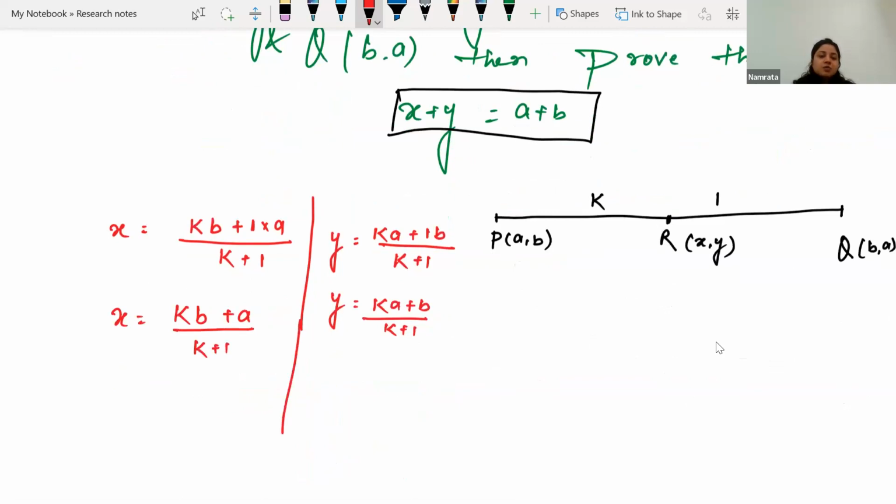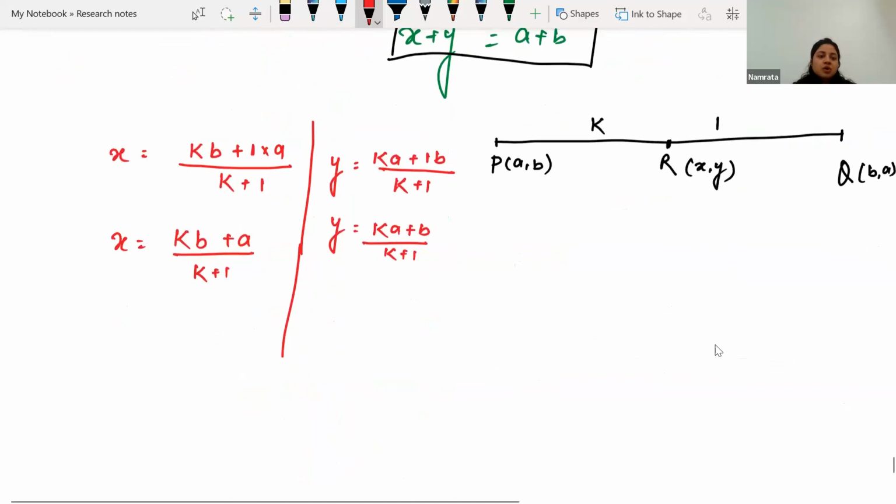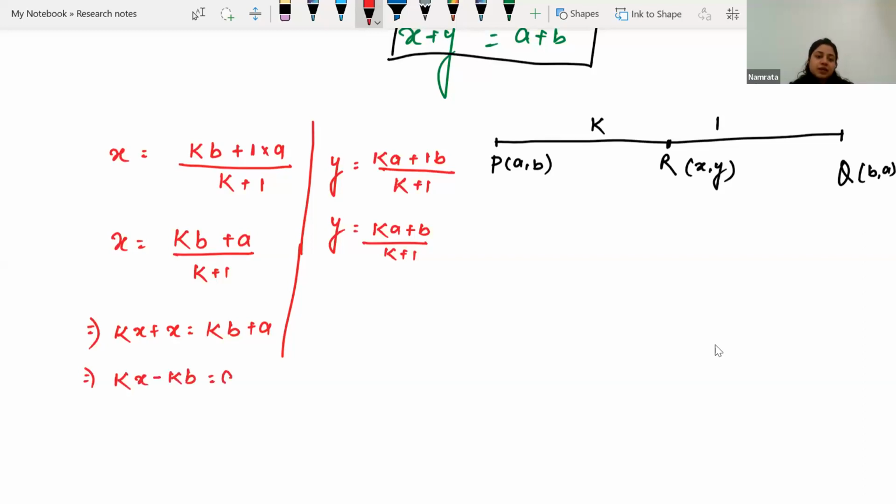Now let's simplify it more. So we can have over here kx plus x is equal to kb plus a. If we keep k on one side, kx minus kb is equal to a minus x.